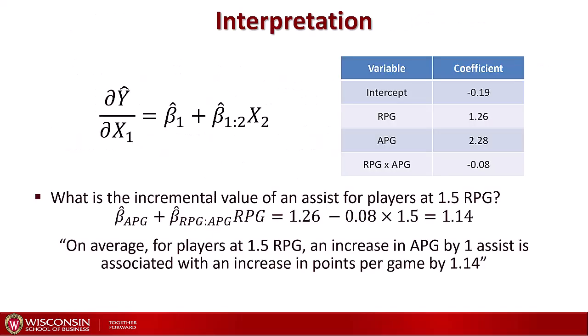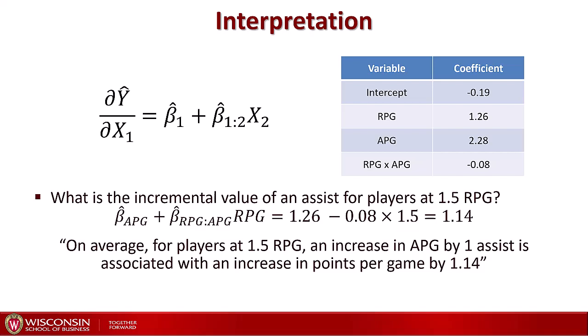Let's look at the interpretation. We want to know what the incremental value of an assist is for a player at 1.5 rebounds per game. Here it's important to see which one is x1 and which one is x2. We want the incremental value of an assist, so assist is the x1 in our equation at the top, and 1.5 rebounds per game, RPG, is the x2.